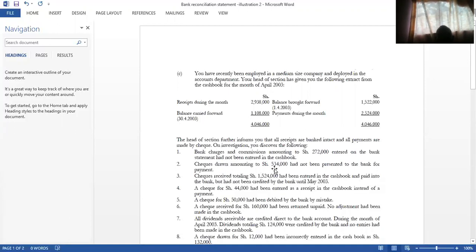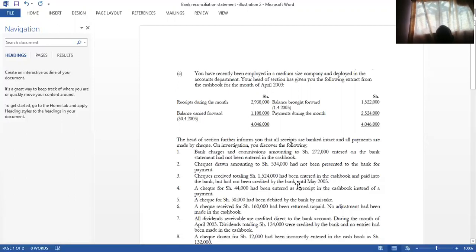Cheques drawn amounting to 504,000 had not been presented to the bank for payment. These automatically are unpresented cheques, which we normally use in the bank reconciliation statement and not to update the cash book. Cheques received totaling 1,524,000 had been entered in the cash book and paid into the bank, but had not been credited by the bank until May 20, 2003.